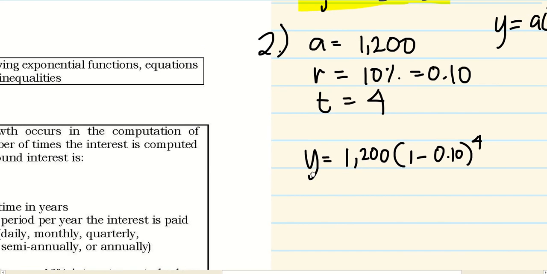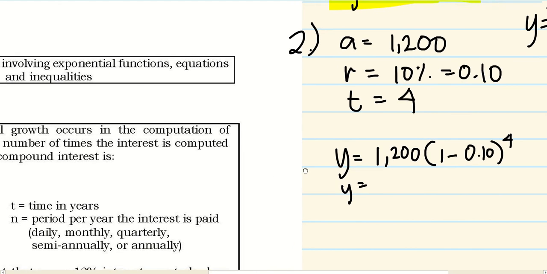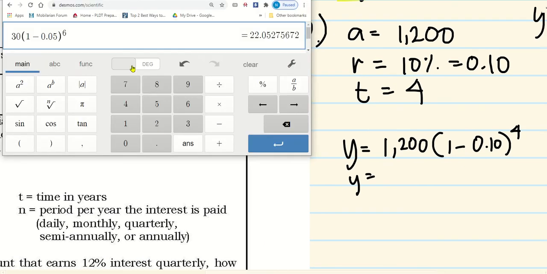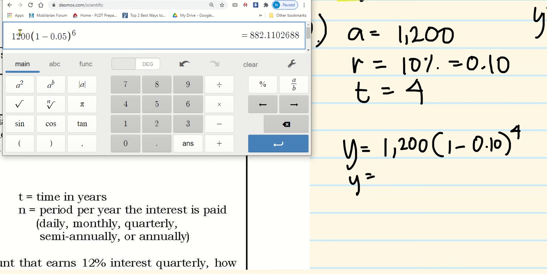Let's zoom in here. We're going to use the calculator: 1,200, 1 minus 0.10, to the power of 4.